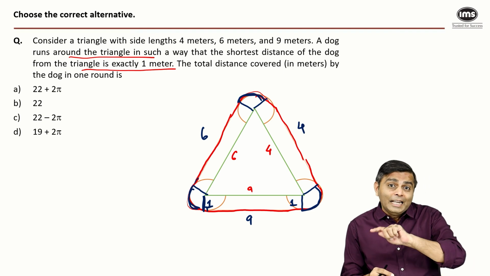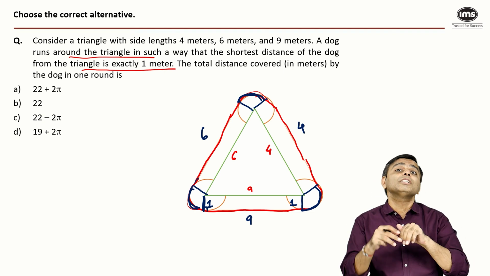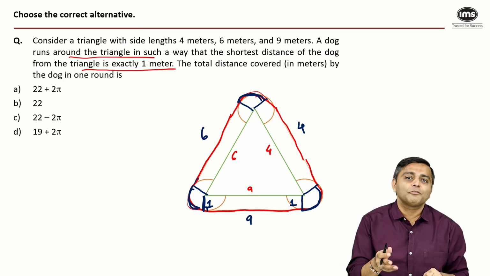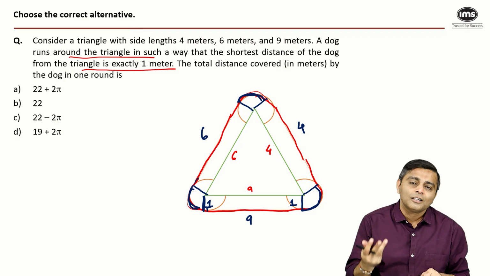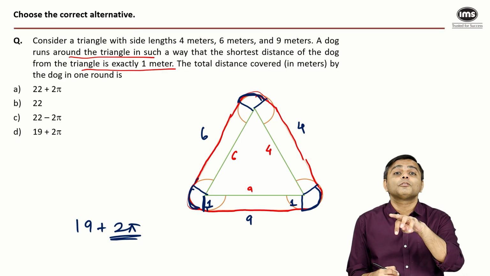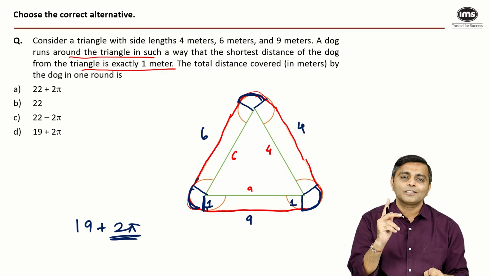So what is the length of the distance in the circular fashion? The circumference of the circle with radius 1. What is the circumference formula? 2 pi r. What is r? 1. So it is going to be 19 plus 2 pi. The 2 pi is the addition of the three 1/3 circles' circumference whose radius is 1.